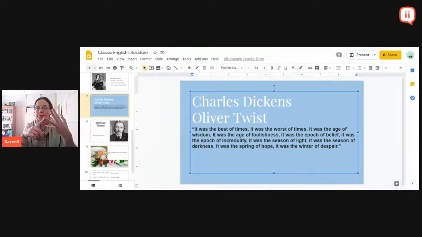There's also Great Expectations, a very, very odd and interesting love story that doesn't have a positive ending, unfortunately. It's about an old lady who is very bitter that her fiance left her at the altar.